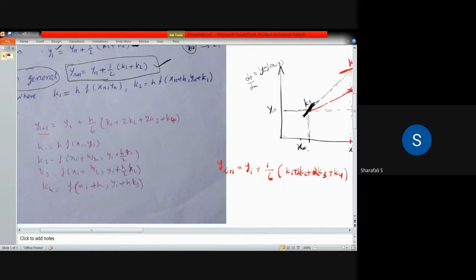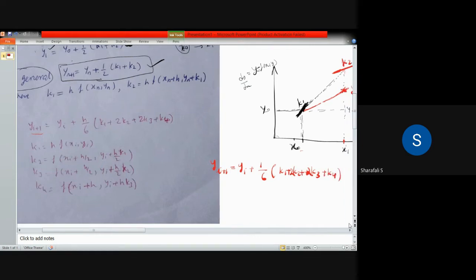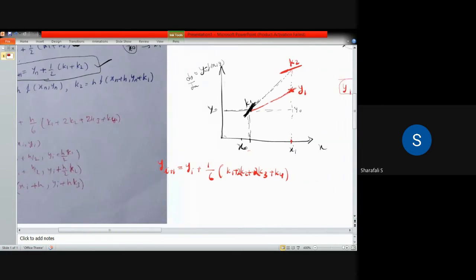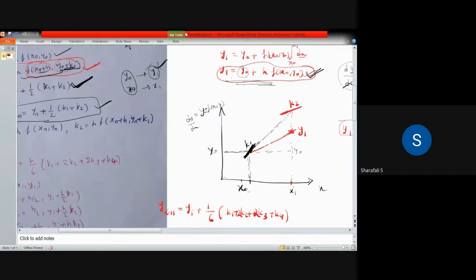So this is the equation for the fourth order Runge-Kutta method to solve the differential equation numerically. In that case, we will be having 4 different slopes, so that will give you a much more accurate result.